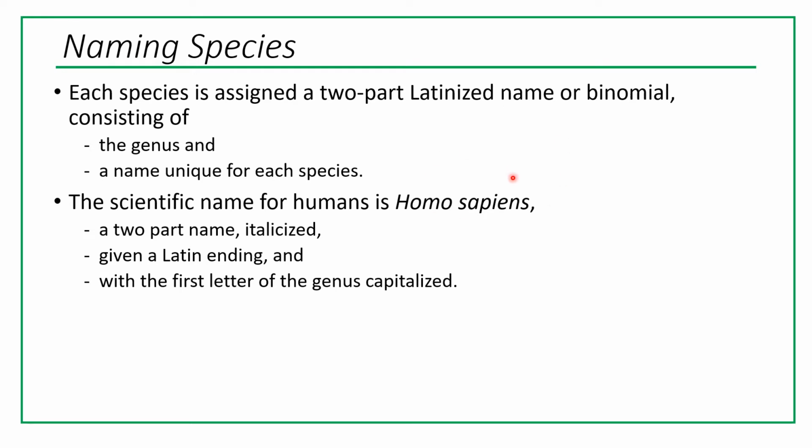And Homo sapiens is our unique name for our species. If you look at how it's written, you can see that it's a two-part name and it's in italics. It's given a Latin ending, and the first letter of the genus is capitalized. So that's the right way to write the name of a species.